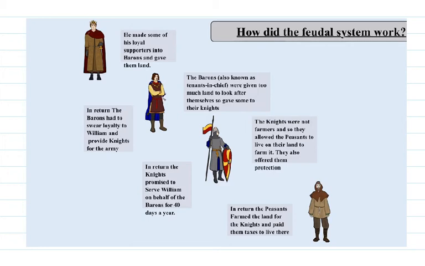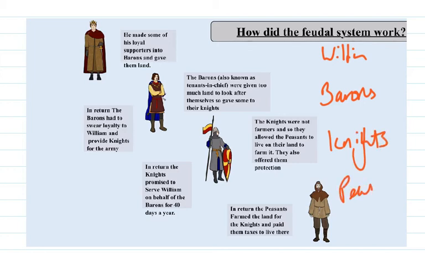So what I'd like you to do for me is a very basic diagram: put William at the top of your page, then barons, then knights, and then peasants. All I want you to do is very simply draw an arrow showing what will go down to each one.